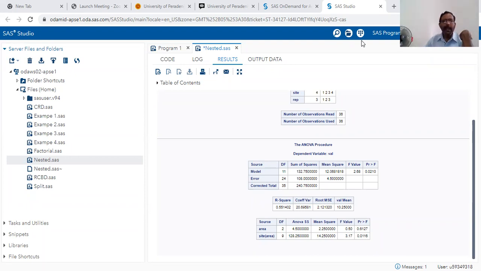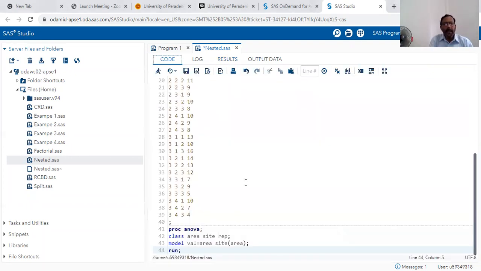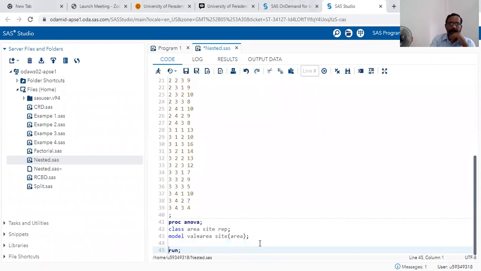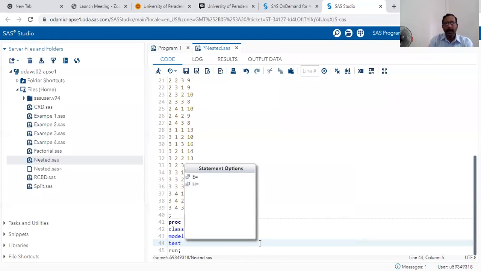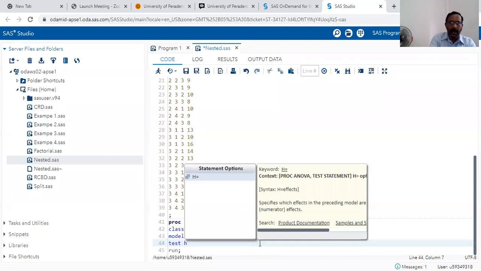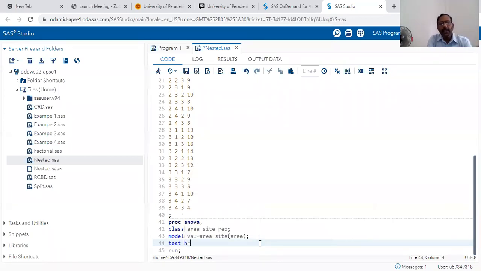I will go to the program again. We'll have to add one more statement there: a test statement. Write H equals, where H means hypothesis; don't write this in the SAS program.